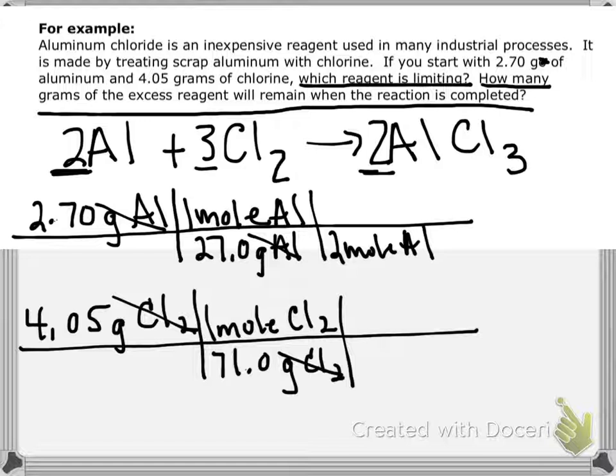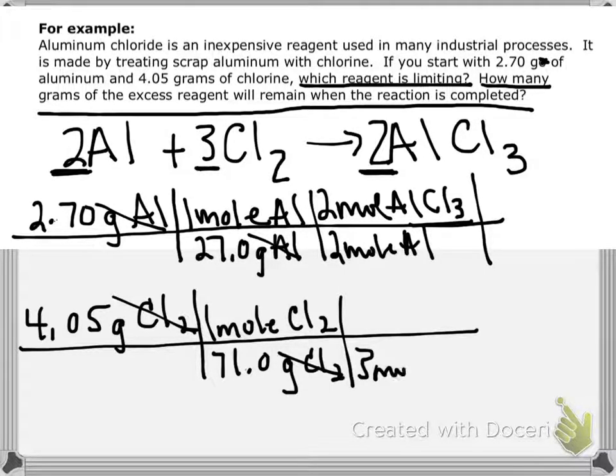And 2 moles of aluminum create 2 moles of aluminum chloride. Now, if you wanted to just say 1-to-1 at that point, totally fine. You're going to get the same answer. Okay, I want to set up a ratio in my second problem as well. I'm going to say that 3 moles of chlorine create 2 moles of aluminum chloride.